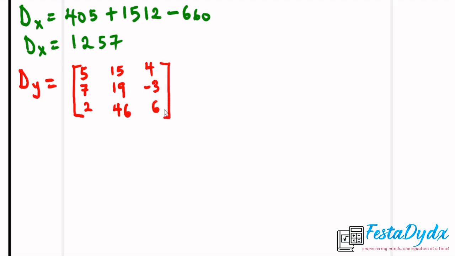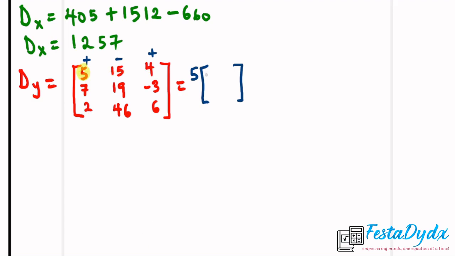Now we have to look for the determinant. So the determinant of this becomes, remember we have to have a plus, minus, plus. So the first element here is plus 5. We'll form a 2 by 2 matrix for 5: the rows and columns associated with 5, we'll remove. Now we are left with 19, minus 3, 46, and 6.